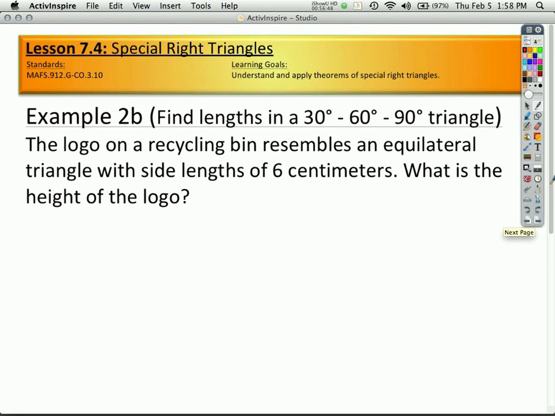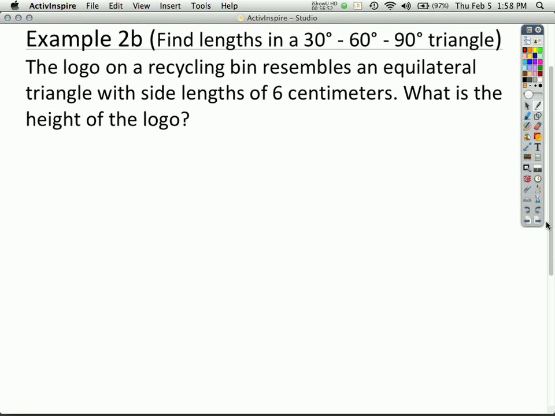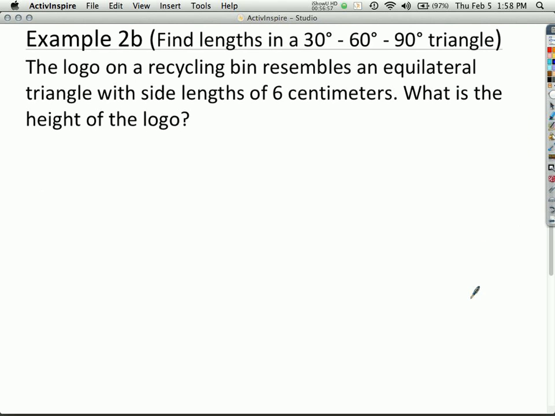So part B, I do not need you to copy the text of the question. I want you to read the question, and I want you to put something down to represent it. You don't need all the text, but you need something.